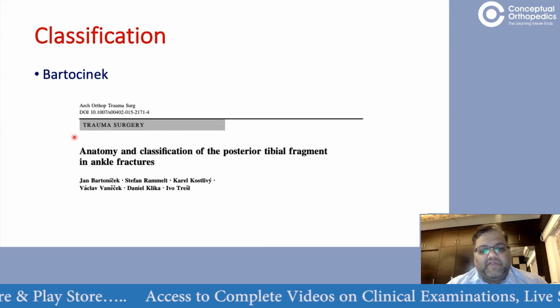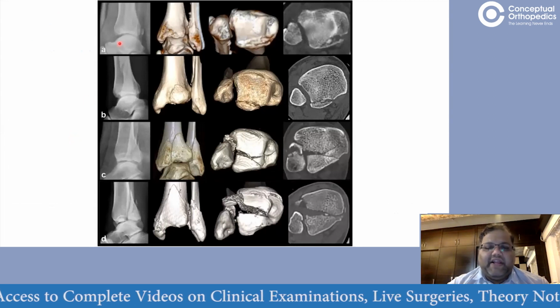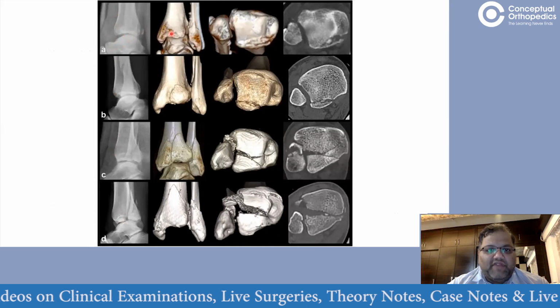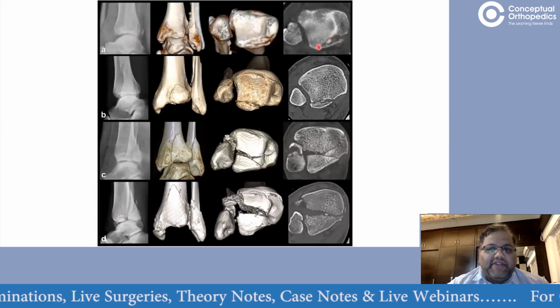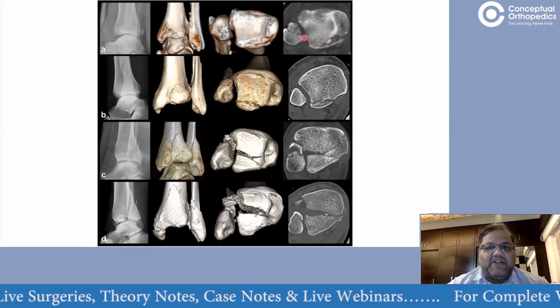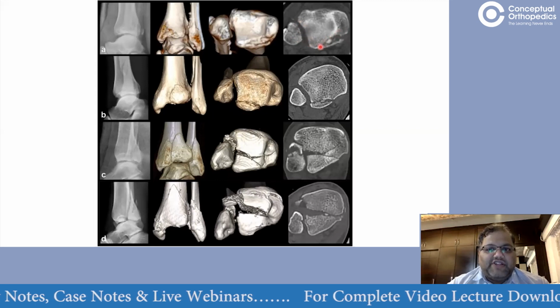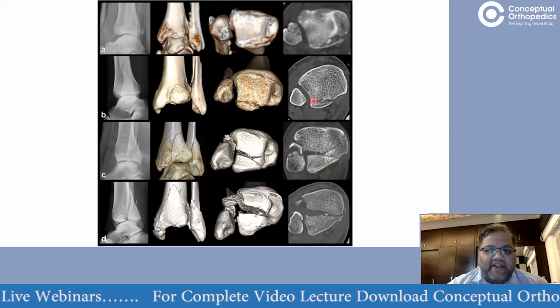This was in 2015, where they proposed a system of classifying posterior malleolar fractures. So there are 5 types. In type 1, as we can see, it's a very, very small flake of bone, but that is not what defines it. It is any fracture on the CT which doesn't extend into the distal tibiofibular joint. Now, if this is the distal tibiofibular joint, the fracture stops short of entering that joint. Now, you see this fracture is entering this joint.